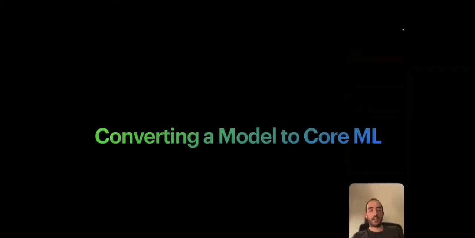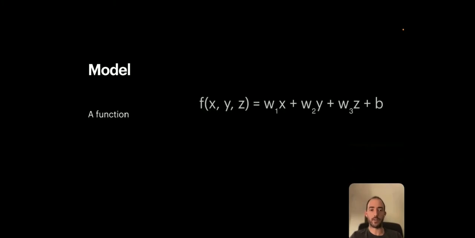All right, let's talk about converting a model to Core ML, because that's what you all came here to see, I guess. But first, let's talk about what is a model. You can think of a machine learning model or a deep learning model as nothing more than a function.